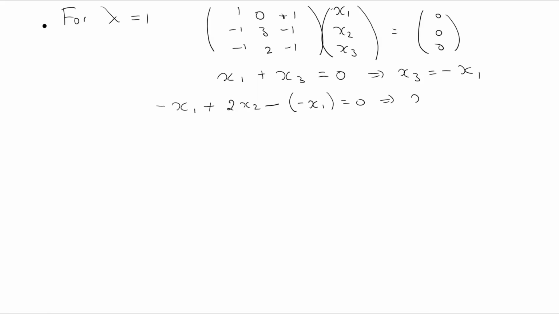So all that's left is that x2 is equal to 0. Now all we have to do is keep them in proportion. If the first one is 1, then x2 is 0, and x3 just has to be the opposite of the first one. So it could be any number times that.